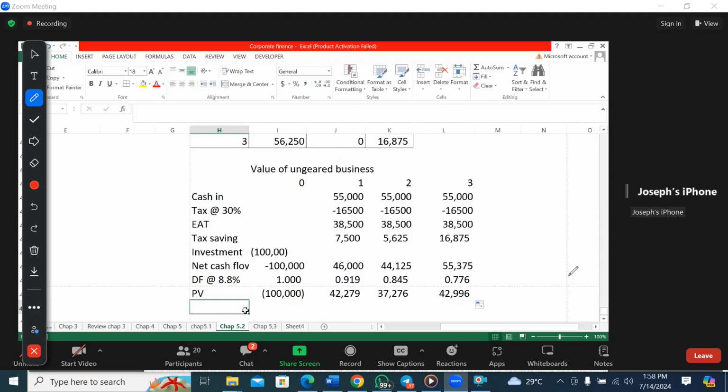The cash inflow is not going to change each year. I can see 55,000. Yes, they told us it's going to be 55 annual cash flow.